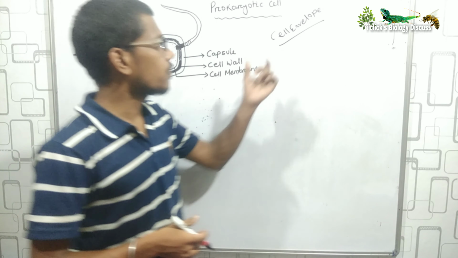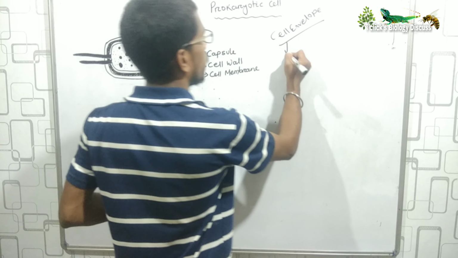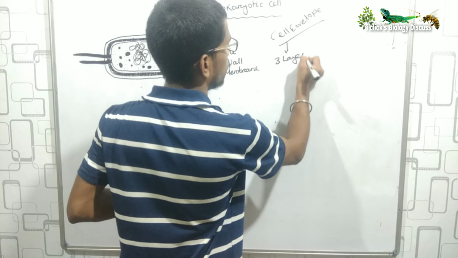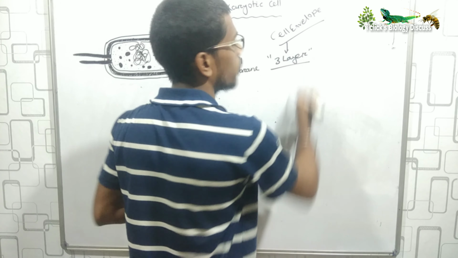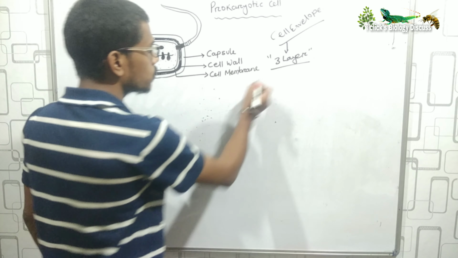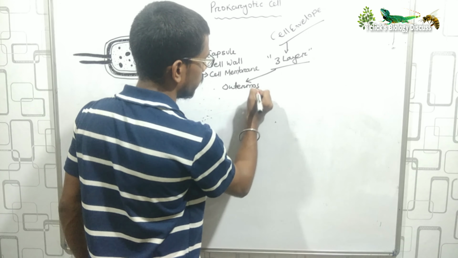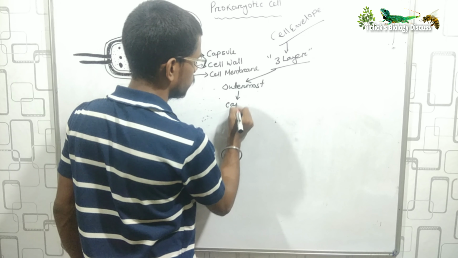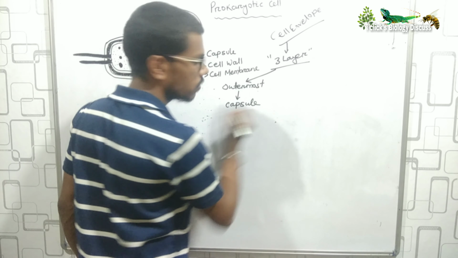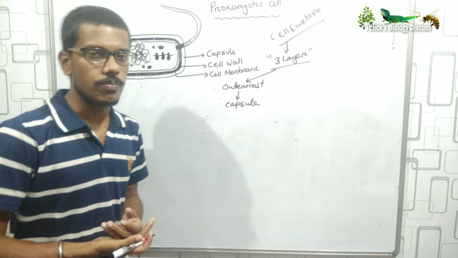If you see the cell envelope in a prokaryotic cell, there are three layers of covering found in some bacteria. The outermost covering is the capsule. The capsule may be present in some bacteria or absent in some bacteria.